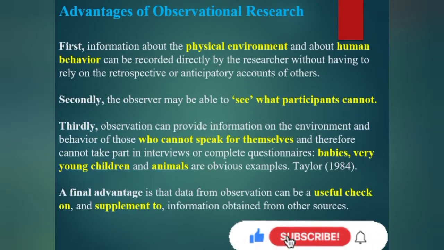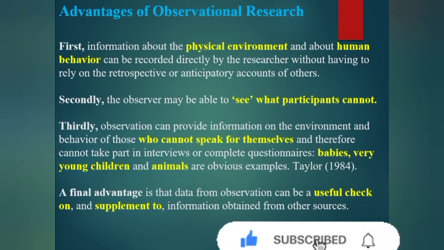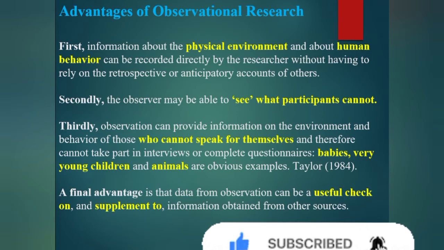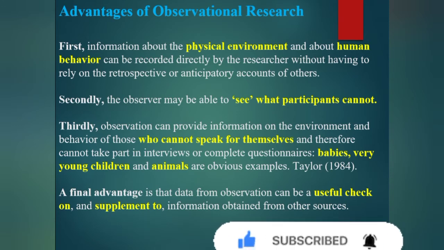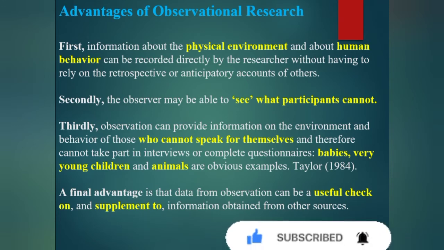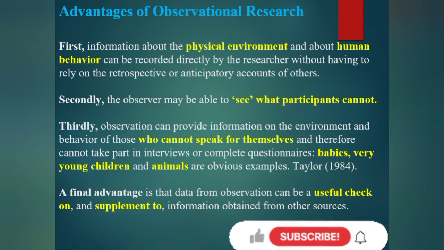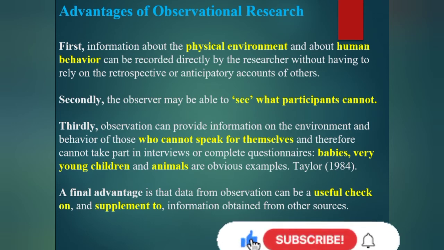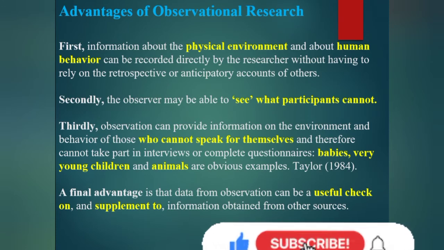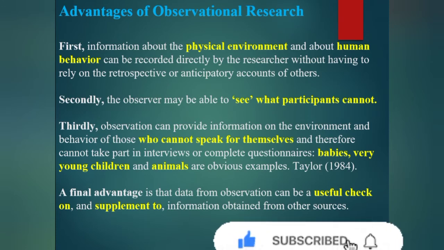Advantages of observational research. First, information about the physical environment and about human behavior can be recorded directly by the researcher without having to rely on the retrospective or anticipatory accounts of others. Secondly, the observer may be able to see what participants cannot.